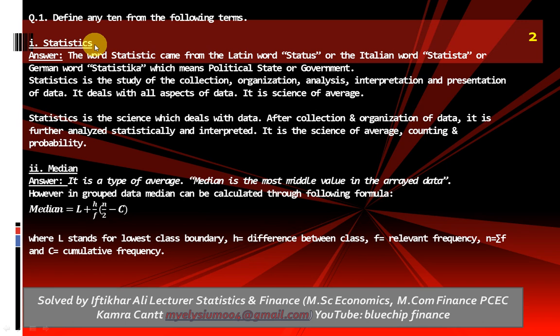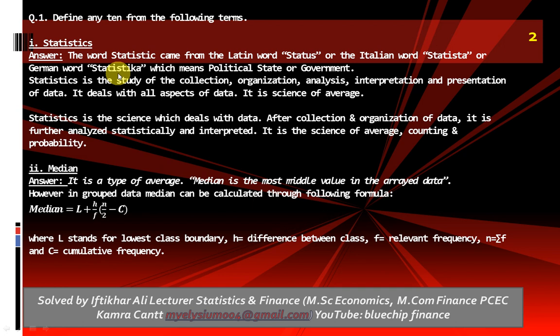First question is asked about the definition of statistics. Second question is about the definition of median, which is an average. Statistics is a science to calculate the average, and there are a lot of other things in statistics, not only average. It is a science of counting and probability.